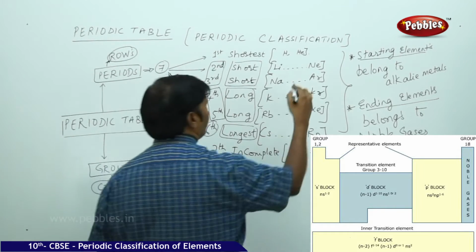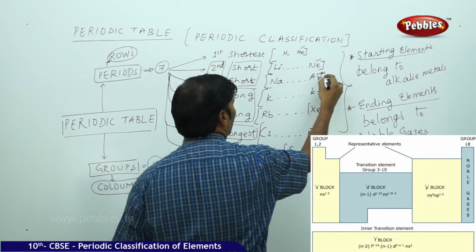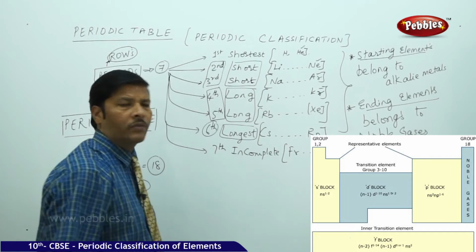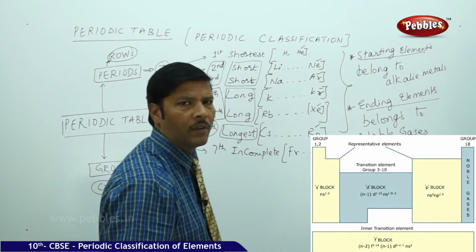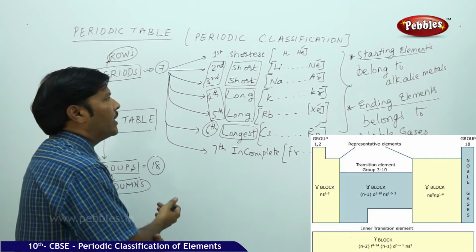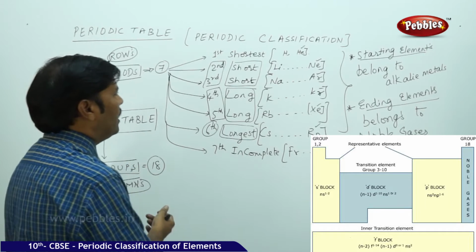You can notice that because these are helium, neon, argon, krypton, xenon and radon. Every period ends with a noble gas and starts with an alkali metal.